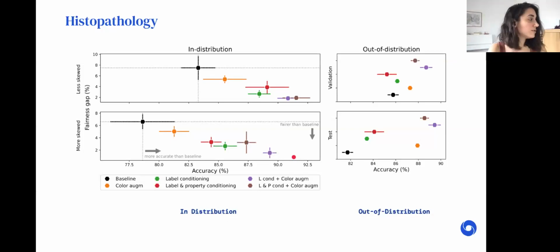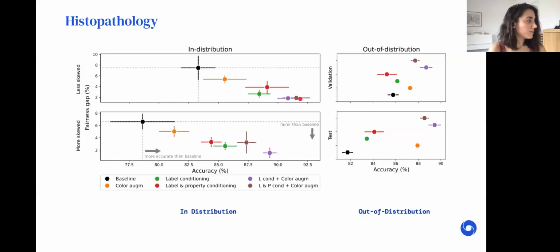So we also evaluate the models against these same baselines out of distribution on the validation set and on the test set. And what we see is that using synthetic data, either with label and property conditioning or just label conditioning, so we're looking at red and green lines here, always performs better than the color augmentations.